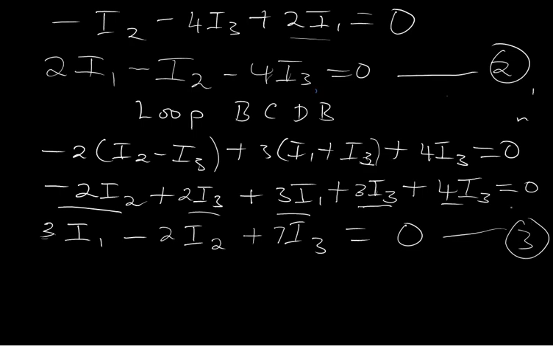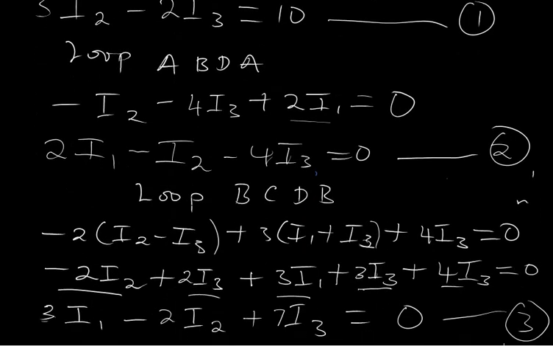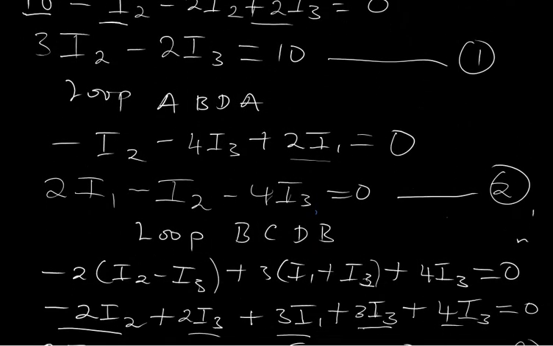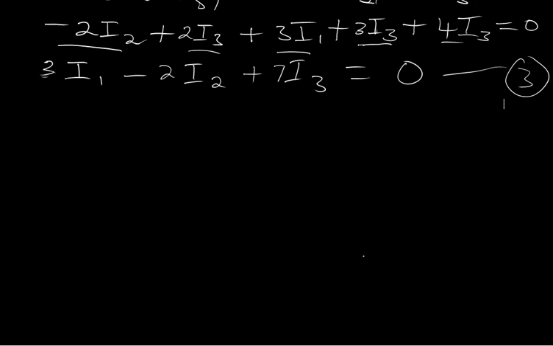So I've actually completed my 3 equations. Let me write them out, starting with the first equation. Equation 1, 3I2 minus 2I3 is equal to 0.